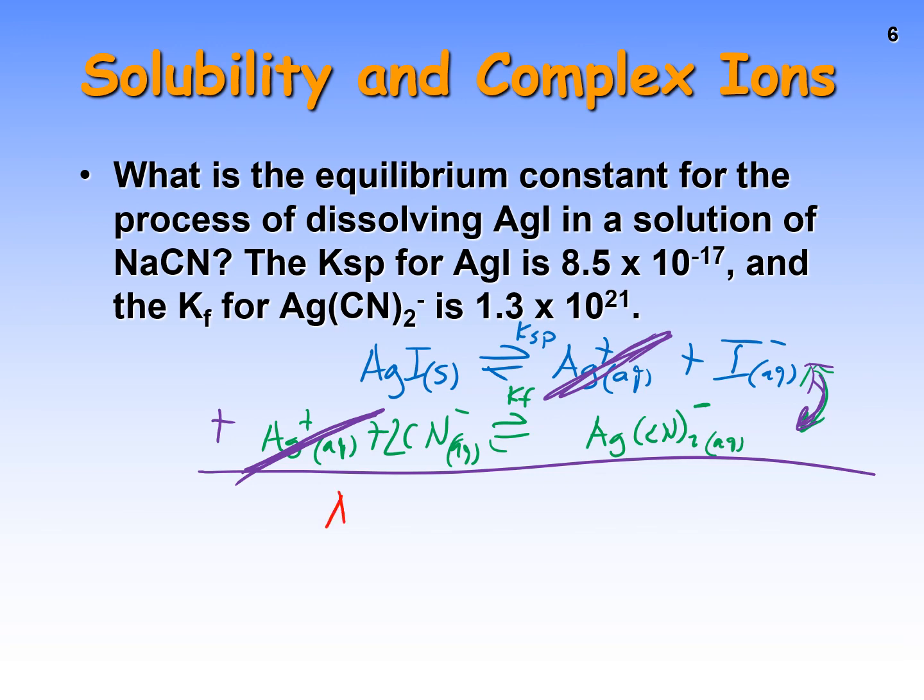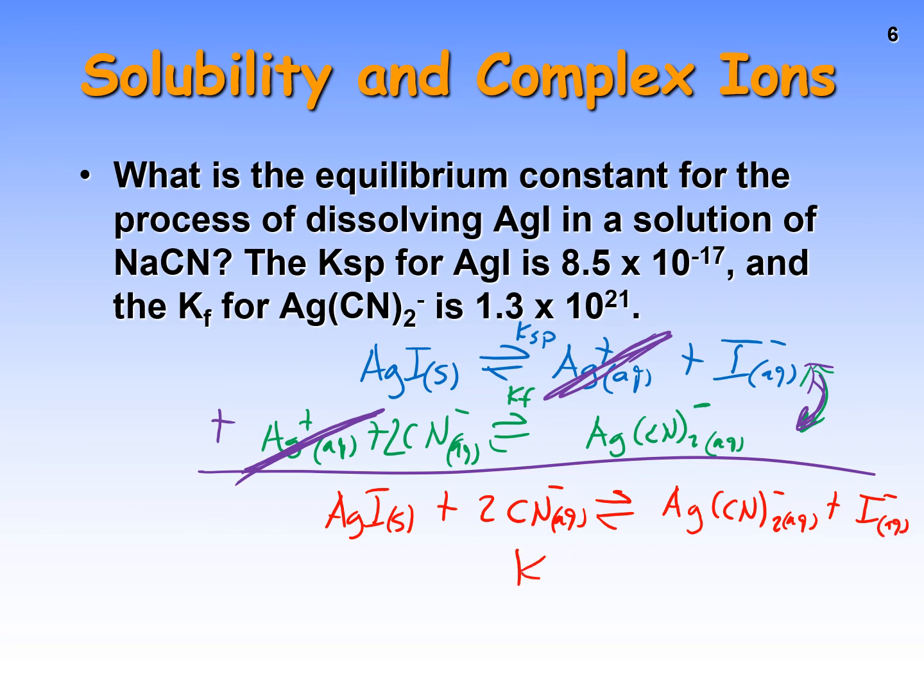So what we end up with is AgI solid plus 2 CN- aqueous goes to Ag(CN)2- aqueous plus I- aqueous. Now, the K value here, because we added the two, has to be equal to the Ksp times the Kf value, or in this case, 8.5 times 10^-17 times 1.3 times 10^21.